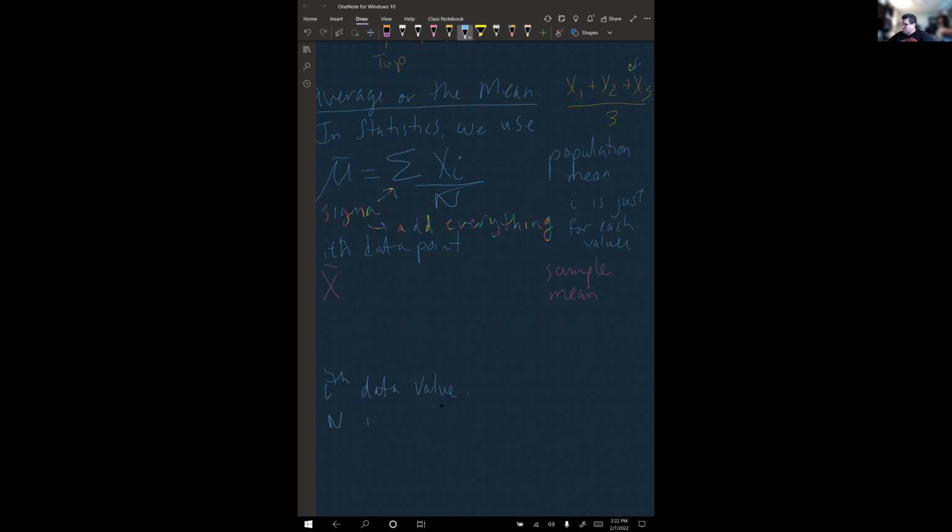Big N is for population size, capital N. So if we're doing COS students and there's 15,000 students, big N would be 15,000. And we would have 15,000 data points to add up.